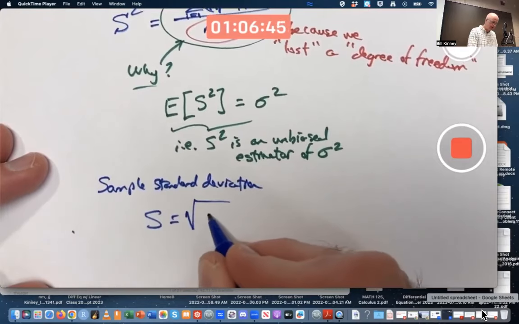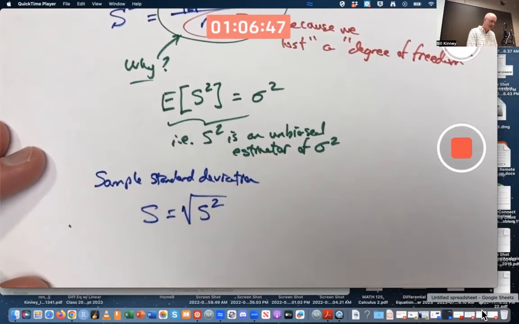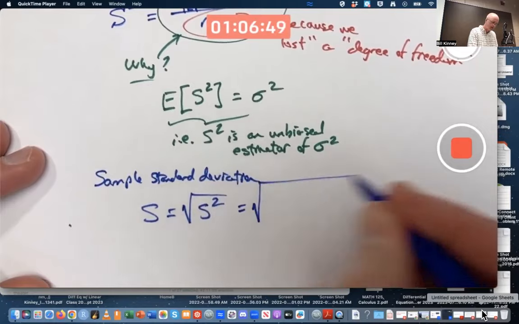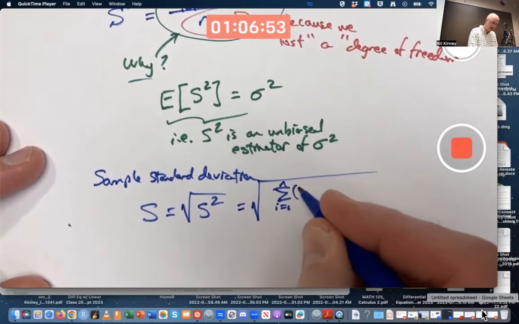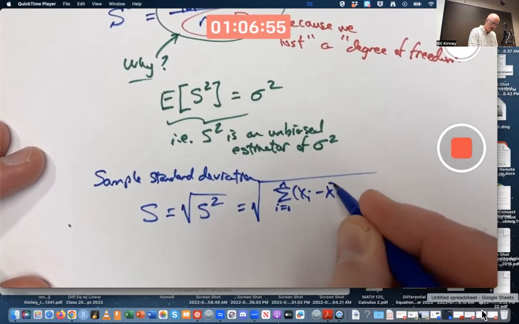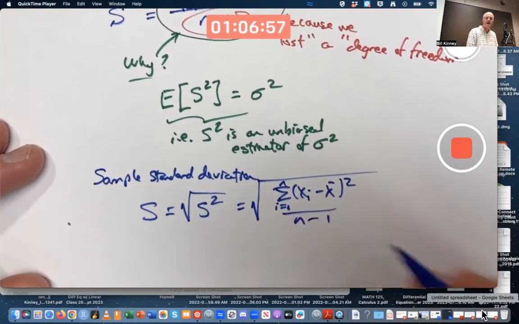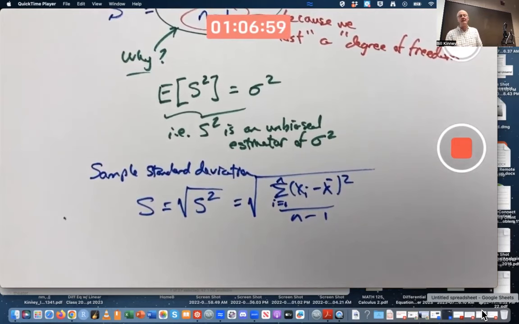It is the square root of the sample variance. In a formula, it's the square root of this crazy thing here.